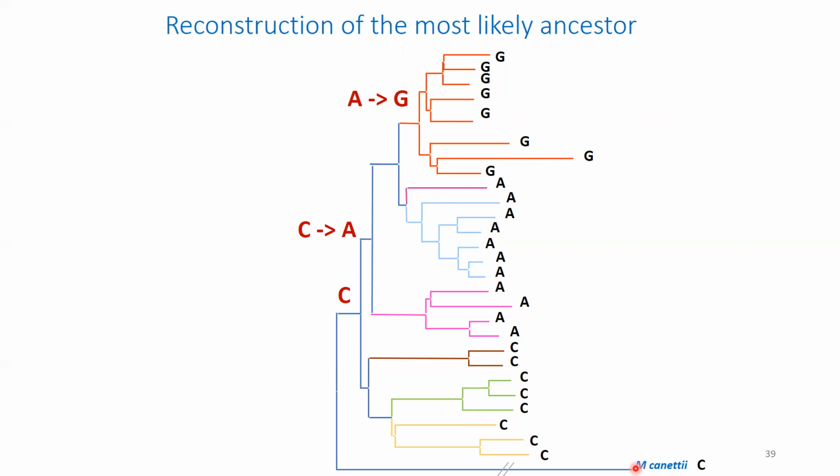So what we would infer is that in the ancestor of all the lineages, for this very first position of the genome, there was a C that changed to an A in lineages 1, 2, and 3, and that A changed to a G in lineage 4.